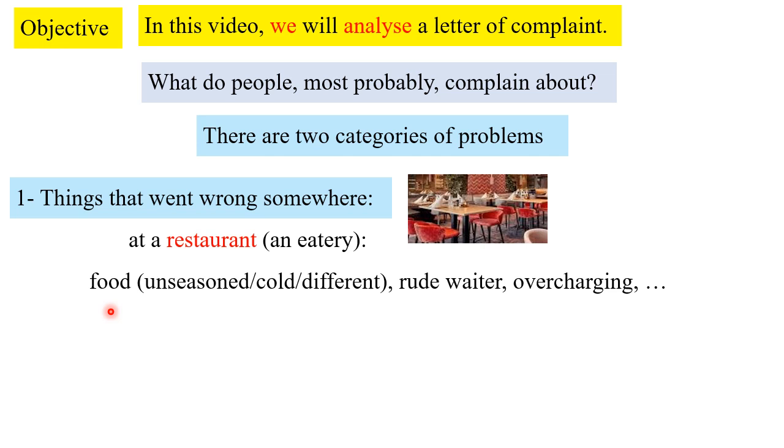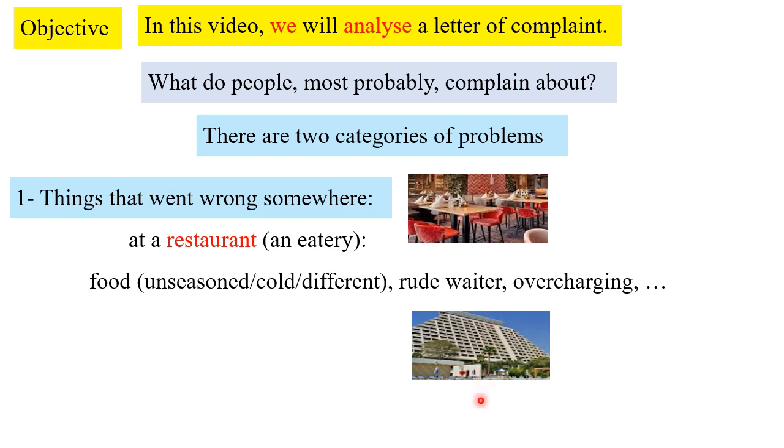Food is sometimes unseasoned, which means bland or saltless. Sometimes it's cold, or different from what you ordered. Waiters are sometimes rude, and sometimes you are overcharged. I mean, your bill is exaggerated.